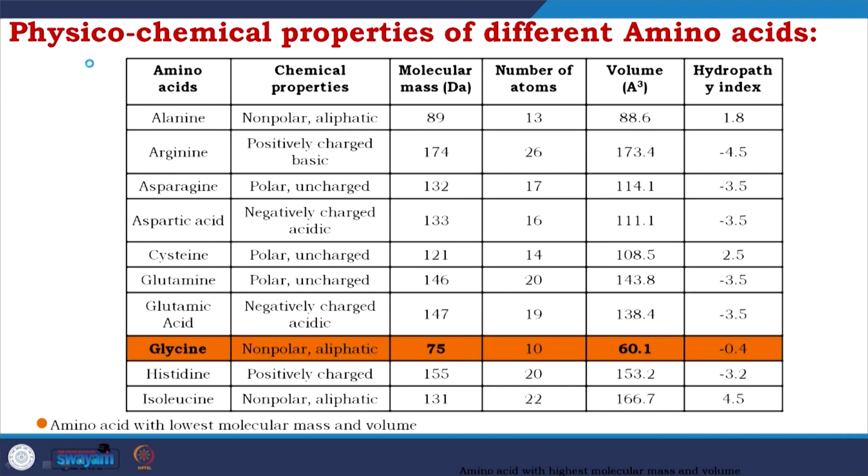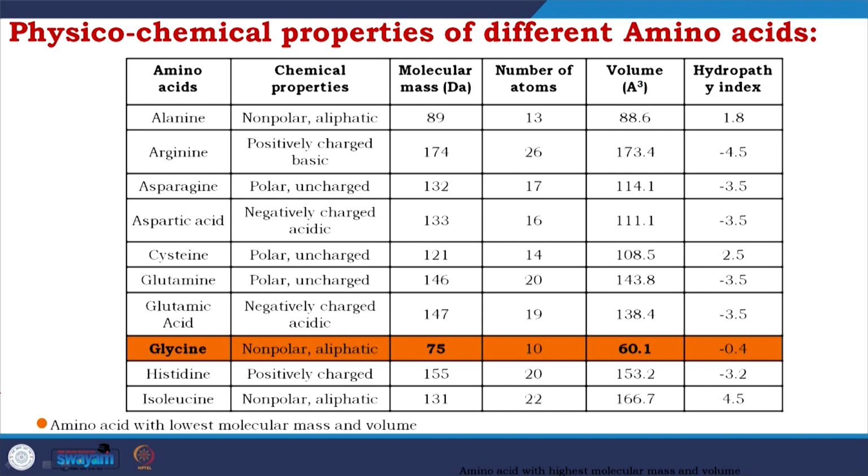Similarly, alanine is non-polar aliphatic, arginine positively charged basic, asparagine polar uncharged, aspartic acid negatively charged acidic, cysteine polar uncharged, glutamine polar uncharged, glutamic acid negatively charged acidic, glycine non-polar aliphatic, histidine positively charged, isoleucine non-polar aliphatic.